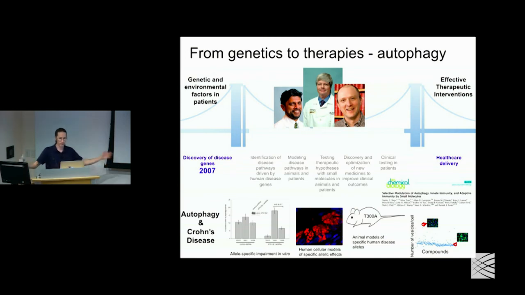They don't recapitulate the entirety of Crohn's disease, obviously, but recapitulating the impact of that variant allows those to be used as first-line models in chemical screening activities.